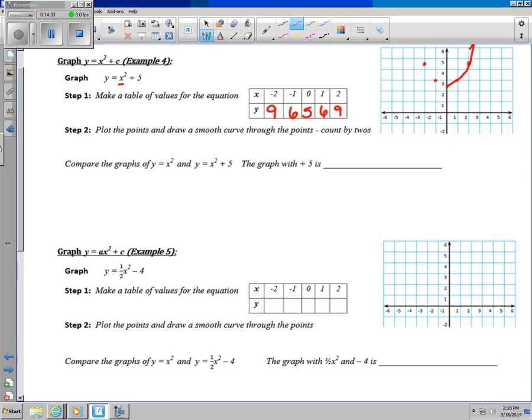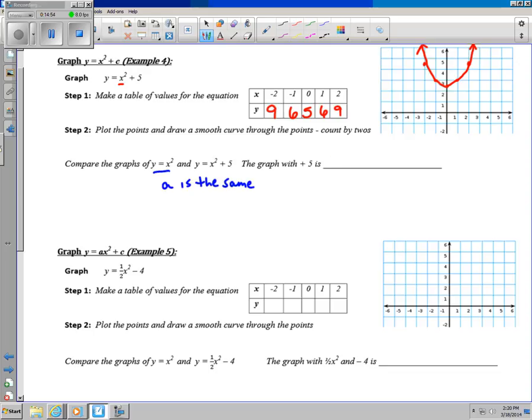I have my a is still 1, so the width of my parabola has not changed. I'm not even going to graph this one on there, but my width has not changed because my a's are the same.